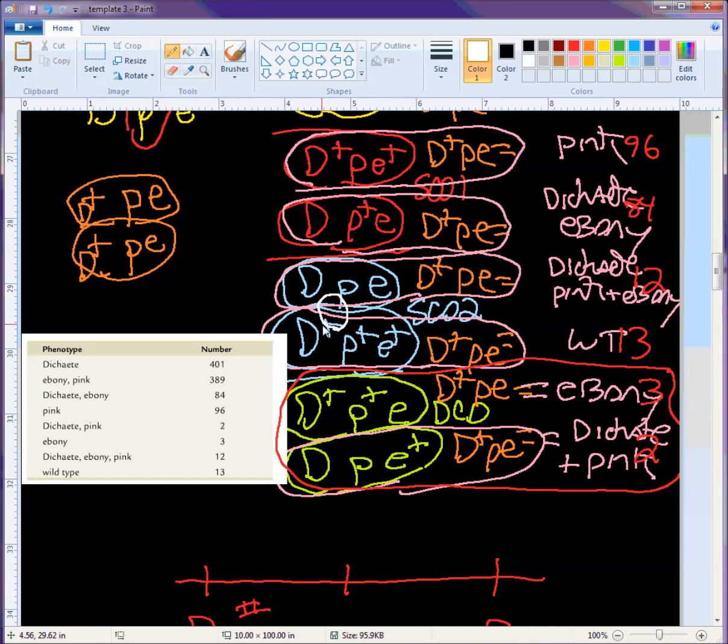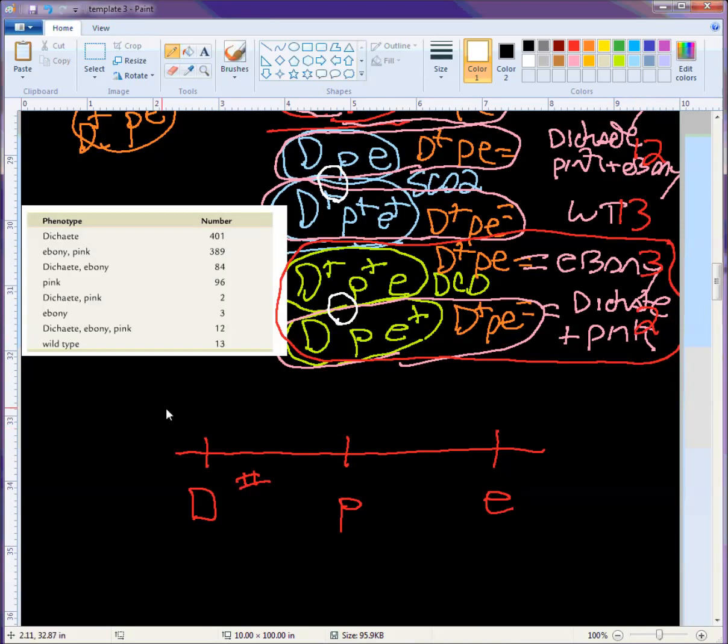This class involved the crossover here, and the double crossovers involved the crossover here. So let's add up all these. 12 plus 13 is 25, plus 3 plus 2 is 5, so 30. So 30 divided by 1,000 total, that's pretty small. That's going to be 3%. So 3 centimorgans between D and P.